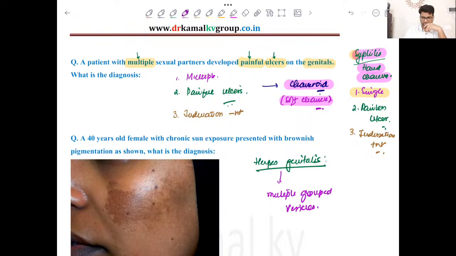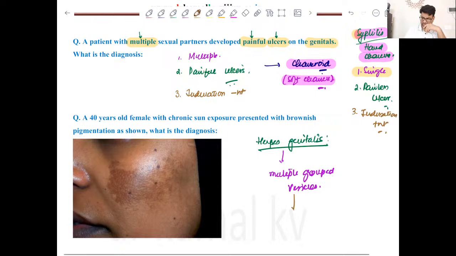So there are grouped vesicles which might later ulcerate, and therefore this condition is discussed under the genital ulcer disease heading. Shahnawaz bhai, chancroid is painful, syphilis is painless, right? So that is very important. Okay, so please remember, syphilis painless, chancroid painful.